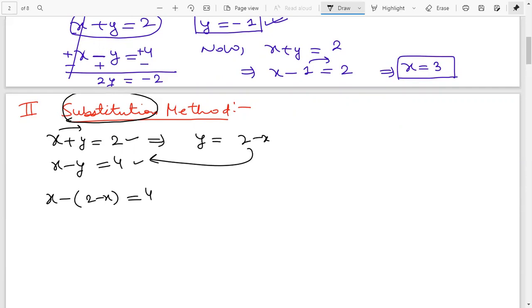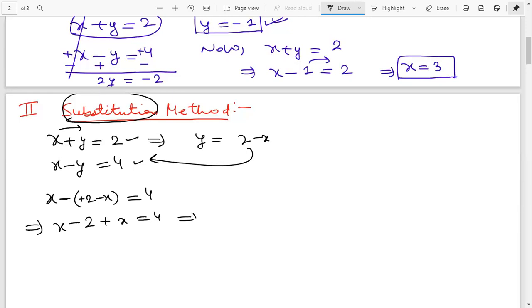That is basically the substitution method. Either we can substitute y or x from one equation into the second equation. So y will be 2 minus x from the first equation. We'll put the same value of y in the second equation. So x minus y is x minus (2 minus x) equals 4. So we can solve now. x minus 2, opening the bracket, and because it was minus, the sign changes: minus minus is plus x equals 4.